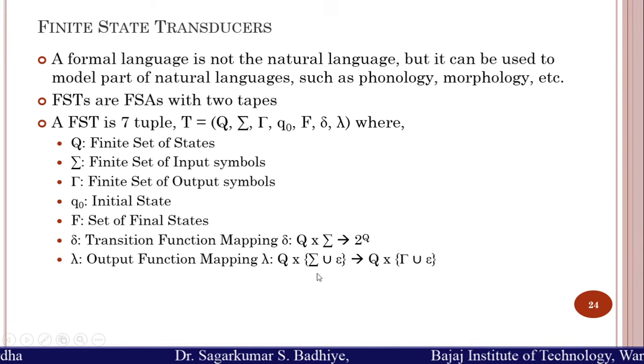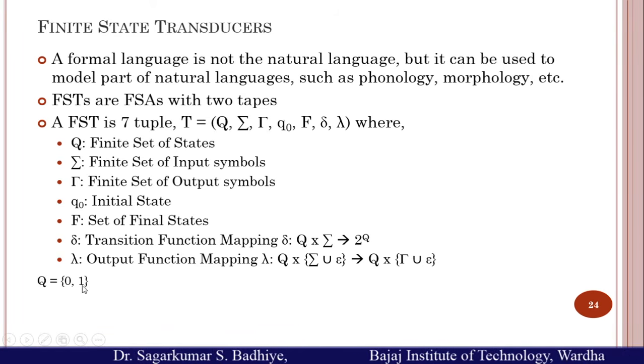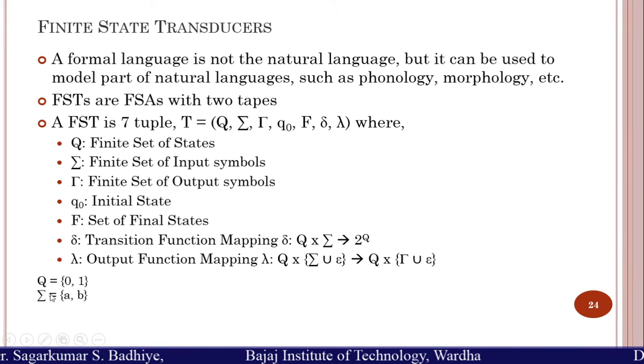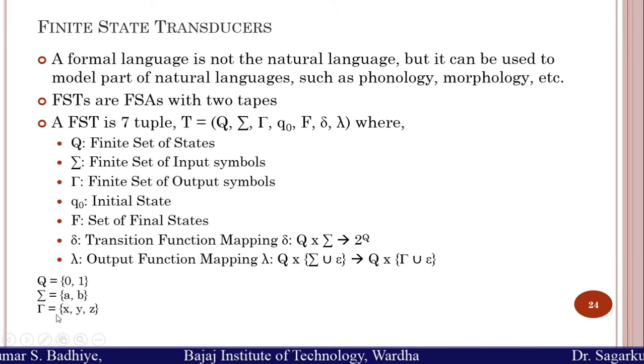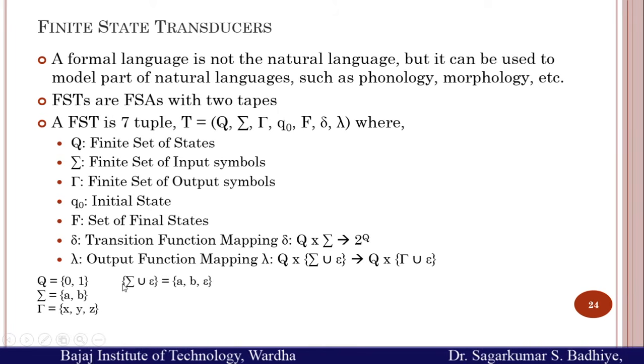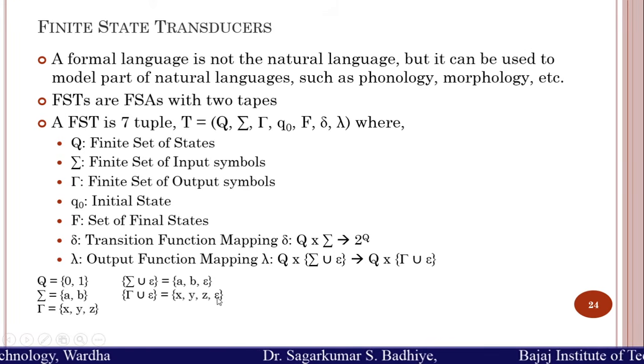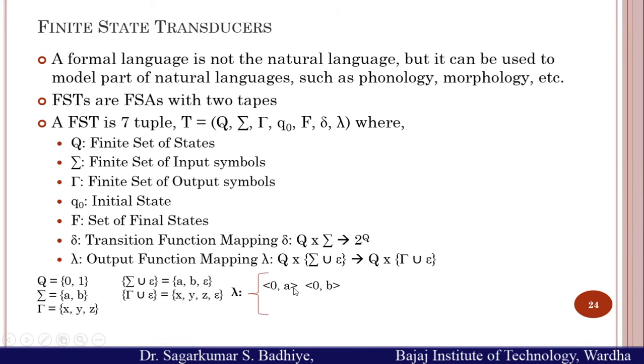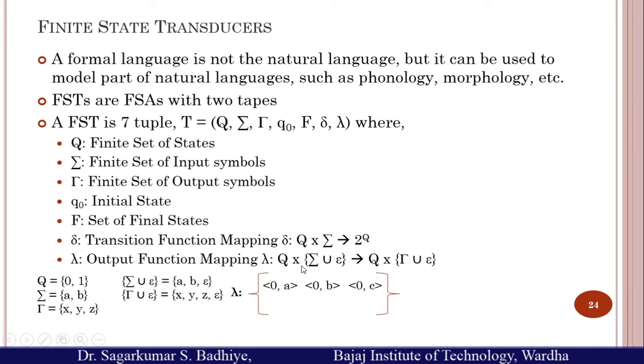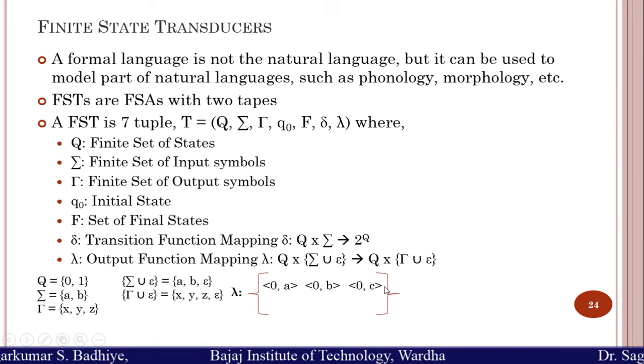Consider an example where the states are represented as 0 and 1, input symbols are A and B, and the output symbols are X, Y, Z. So the lambda, that is the output function mapping, can be represented as follows, where sigma union epsilon is A, B, epsilon, and gamma union epsilon is X, Y, Z, epsilon. So the transition output function mapping lambda is represented this way, where this is a combination of a state and an input symbol, all the states and all the input symbols.